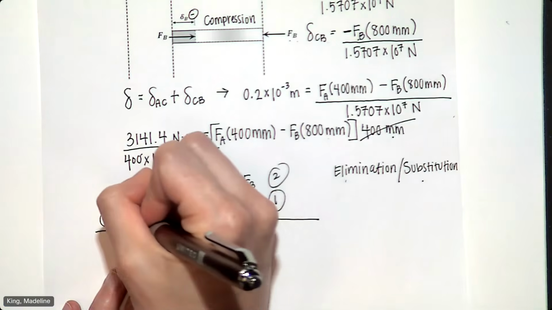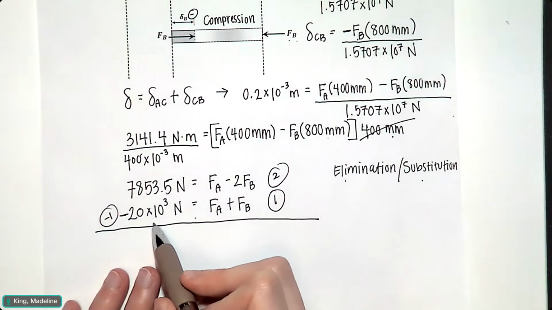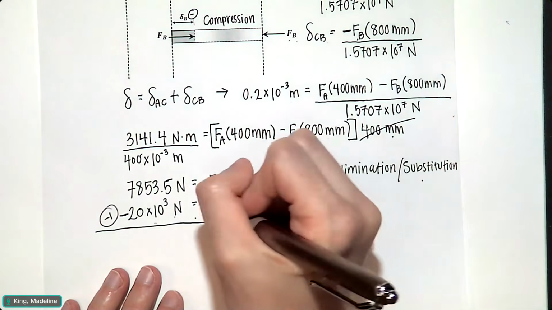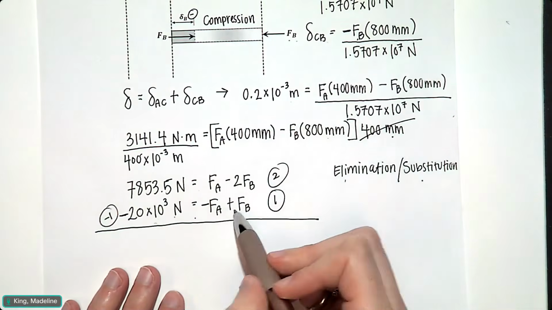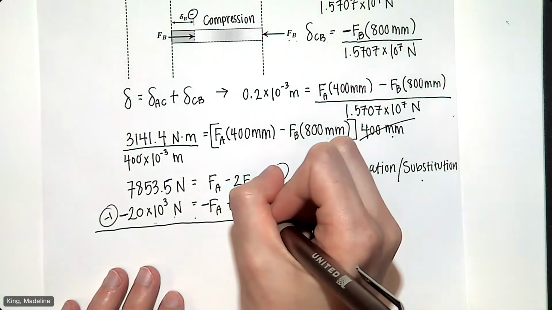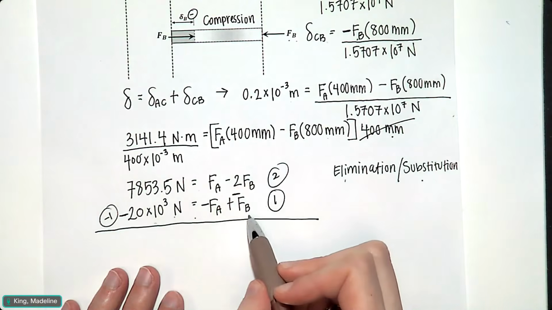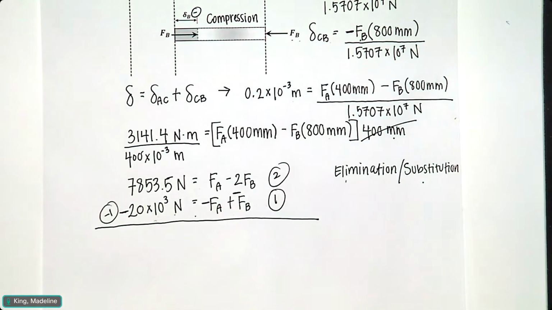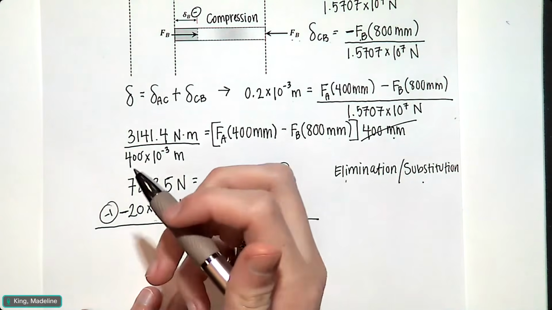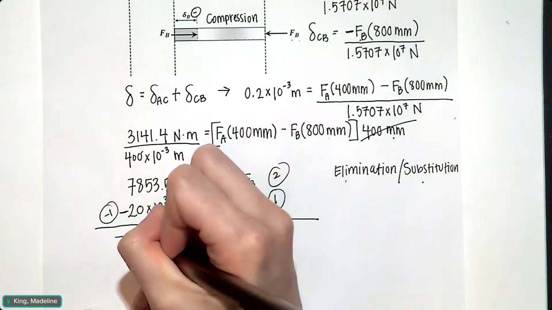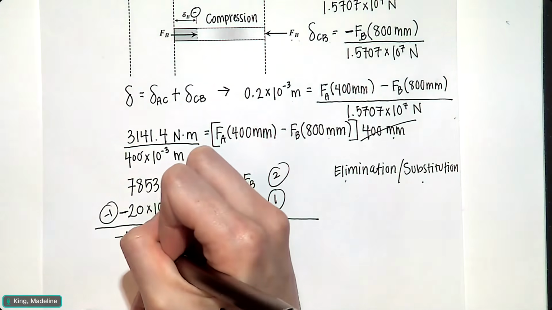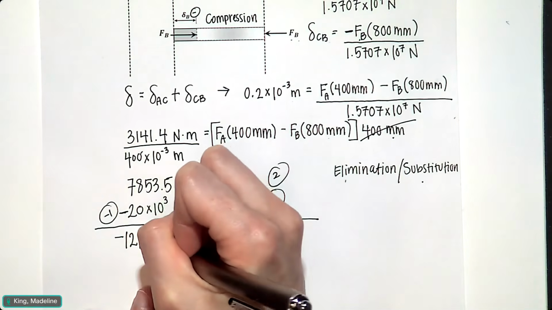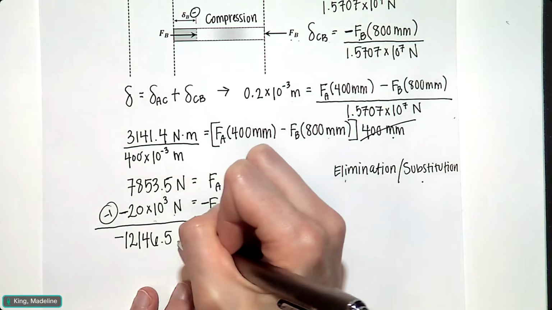So then this will become negative 20 times 10 to the 3, negative FA, and then that will be a negative FB. So doing that math, this side will come out to negative 12146.5 newtons.